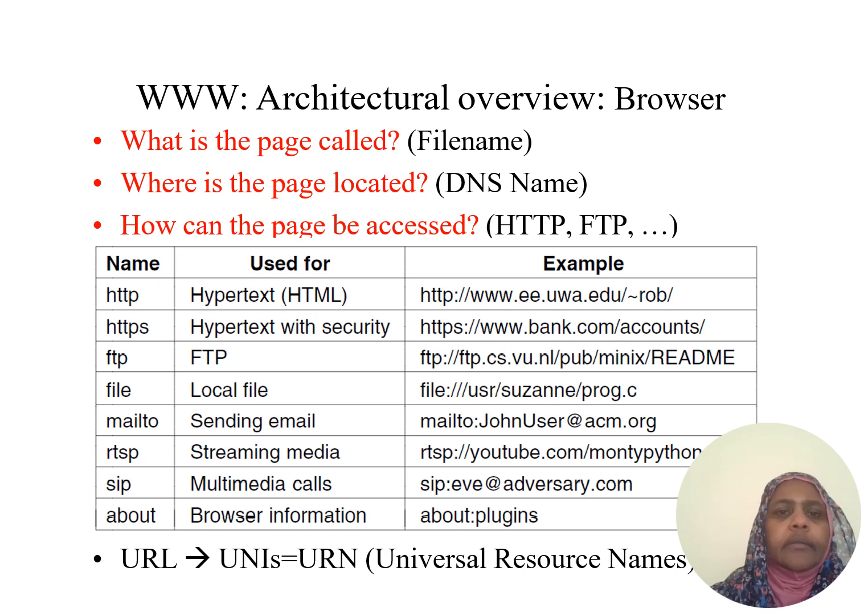Protocols like HTTP are used for requesting hypertext web pages, for example, http://www.ee.uwa.edu/robot, or hypertext with security, that's HTTPS, or FTP, or if you are looking for a local file, it would be file. And if you are looking for a multimedia call, you will use SIP as a protocol. If you are looking for information about the browser, you will use about.